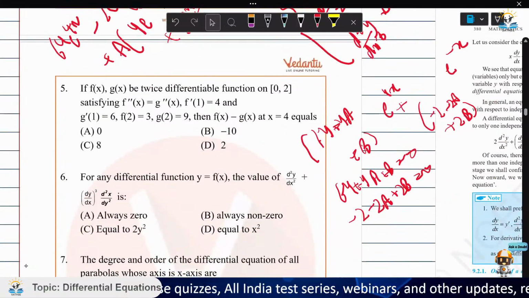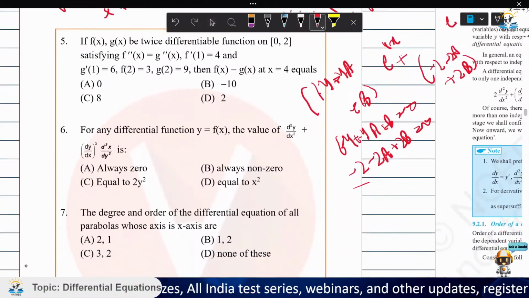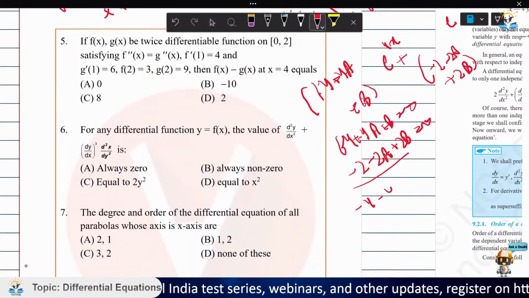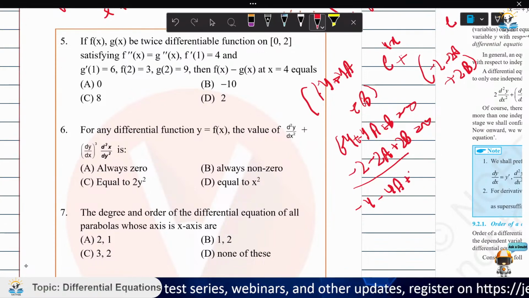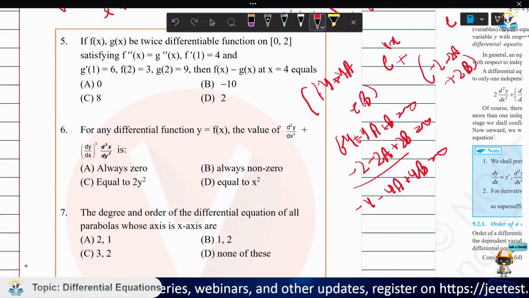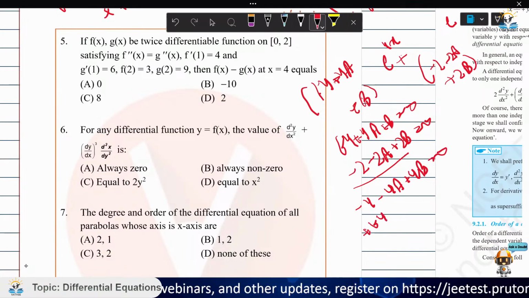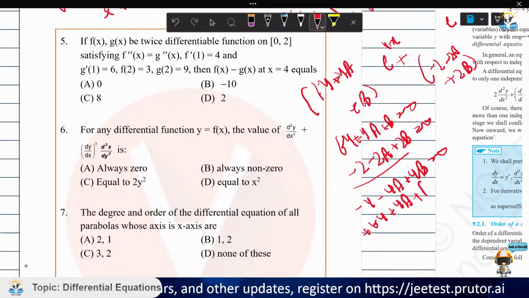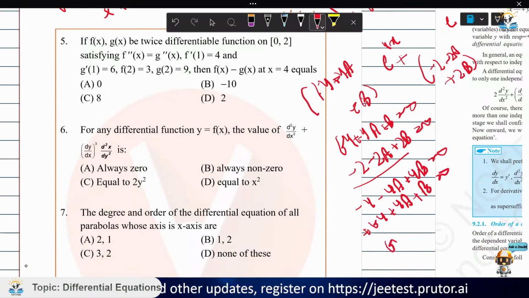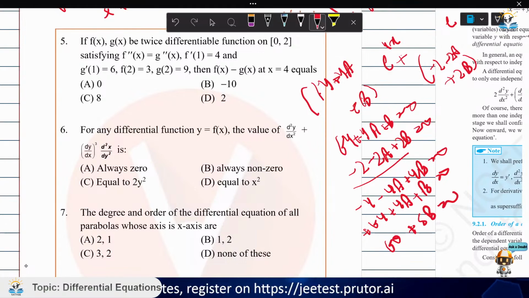Okay, so now let's see what we can do here. Let's multiply this by 2 and add it with this. Now, so b is minus 12.